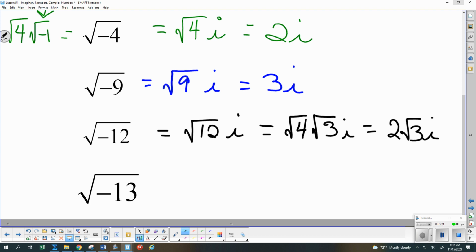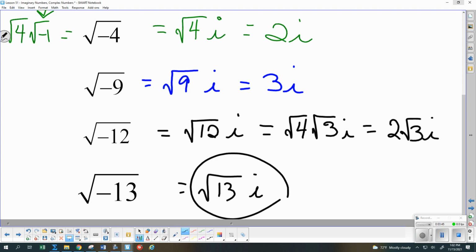Hayden, what will I do with this last one? I'm asking you. So the square root of -13 is the same as this. Got to have the i in there. And then we can't simplify √13, which is what you were thinking of. And so we are finished with that one.